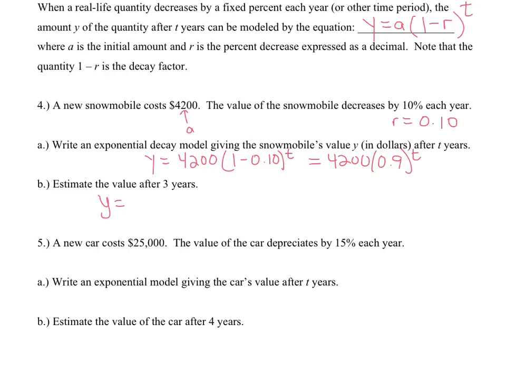So if we want to estimate the value after 3 years, we'll take 4,200 times 0.9 to the third power. And again, we're still discussing money, so we're going to round to 2 decimal places. If you type that into your calculator, so 4,200 times parentheses 0.9, close parentheses raised to the third power, and round to 2 decimal places, you'll get $3,061.80.